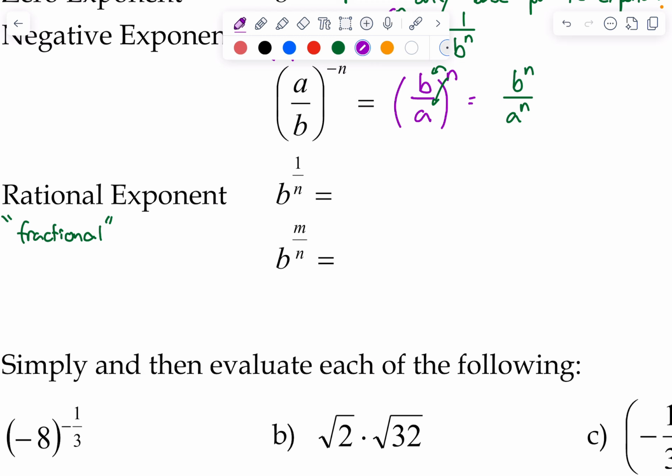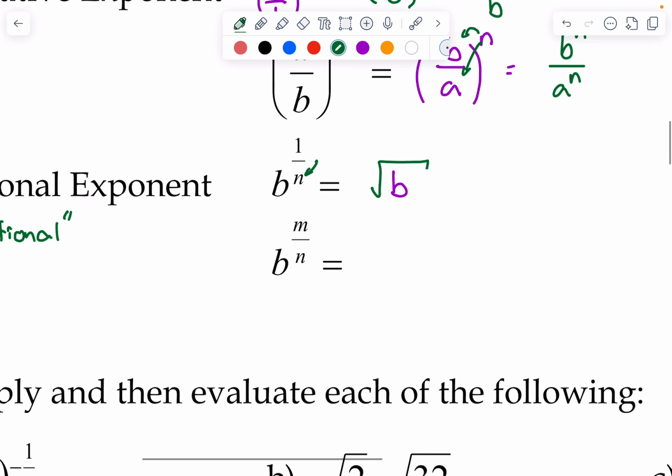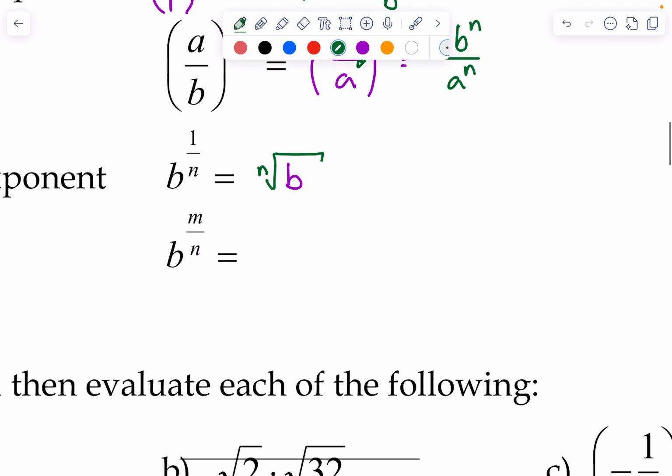And in this one, what the denominator says to do, it says take this base right here, so that b, and you are going to take the root of whatever number it is here. So in this case, it's the nth root. So you take the nth root of b.